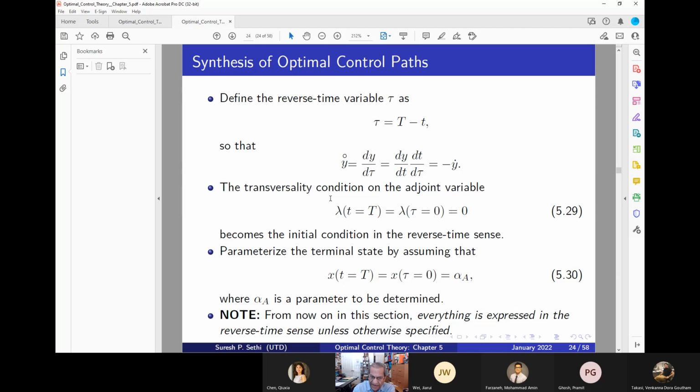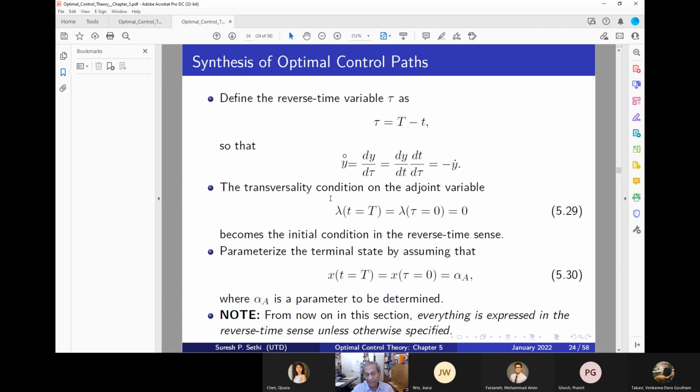And we go all the way to the end, we find that x is whatever it is, and lambda turns out to be not 0. So what we do, we ask the program to change the guess of lambda so that lambda at the end will become 0.